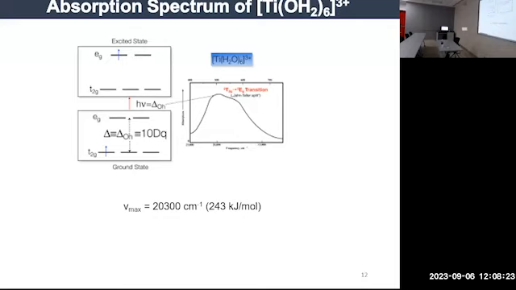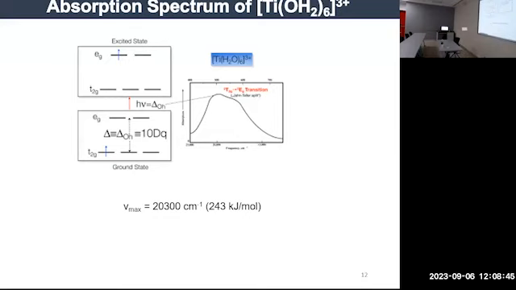So you can have g to g transitions. Even some forbidden transitions can become allowed because nothing is perfectly symmetric. As for an octahedral complex, nothing is perfectly octahedral actually. In most of the cases there will be distortion. We talk about vibronic coupling.